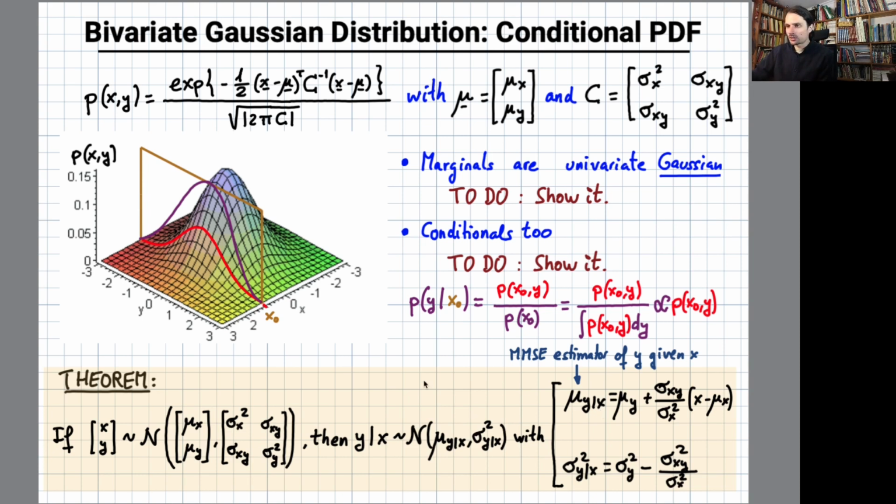So imagine, for instance, that x is the weight of a human and y is the height of a human, right? And we know the correlation or the covariance between these two quantities, and also, of course, the other moments. Then, if somebody gives us the weight of a person, we can try to estimate the height of that person, or vice versa.